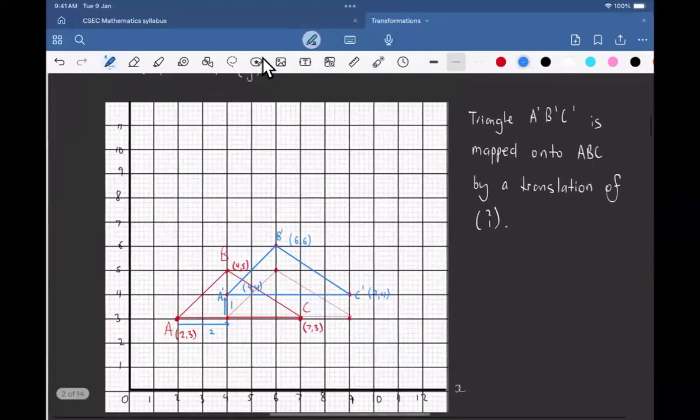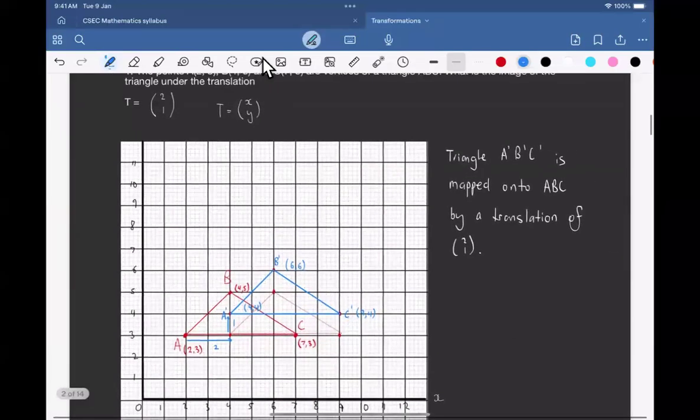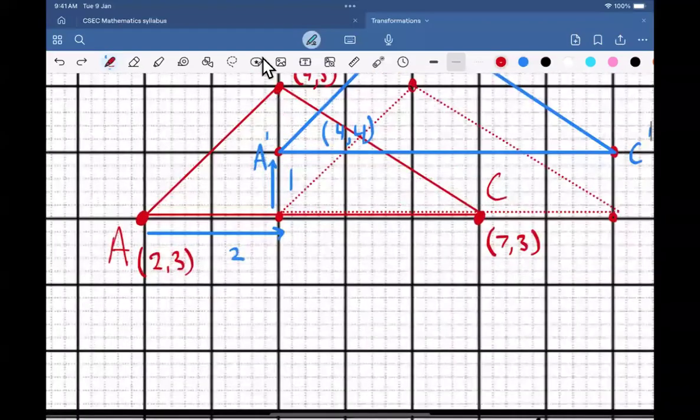To get my points, all I have to do is add 2 and 1 to the object point. My translation was 2, 1, right? So all I'm doing is adding 2, 1 to my object point.